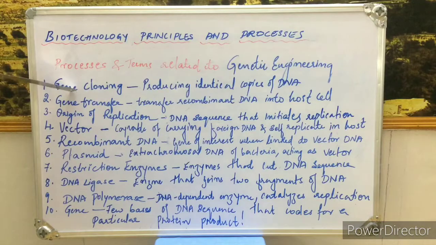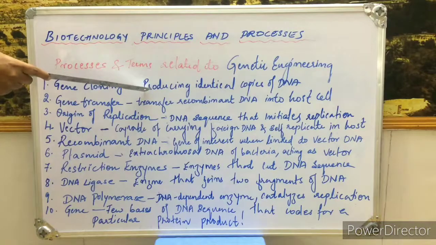This foreign gene must first be replicated, and only then are you going to produce a product. So we are going to replicate this particular gene in the organism by a process known as gene cloning, wherein you produce identical copies of DNA.